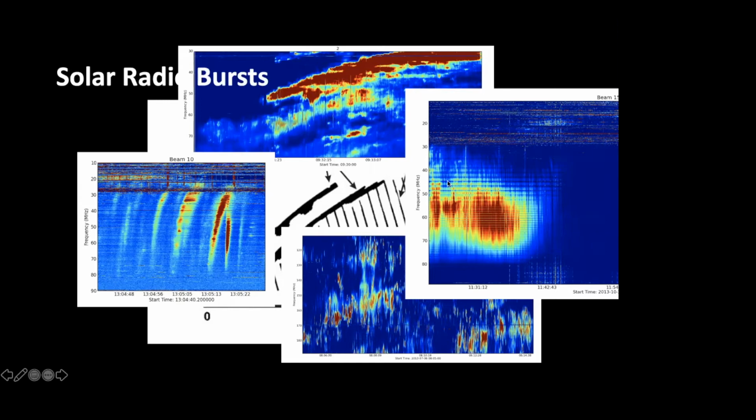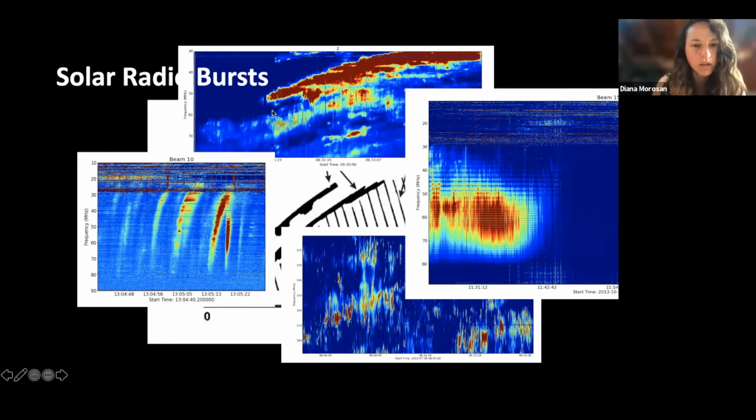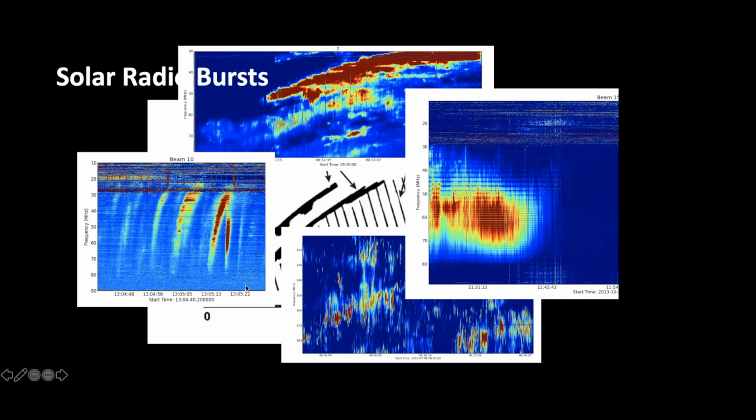Yes, hi. I was wondering if we can apply the same method of analysis that we use on type 2 radio bursts, but on type 3 radio bursts, if we stretch the x-axis to see the slope very clearly? So if you stretch the x-axis on type 3 bursts? Yes, to see the slope.